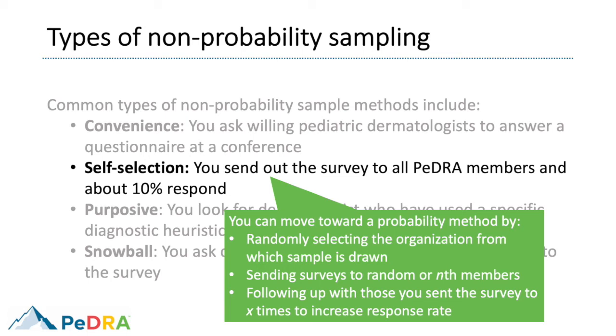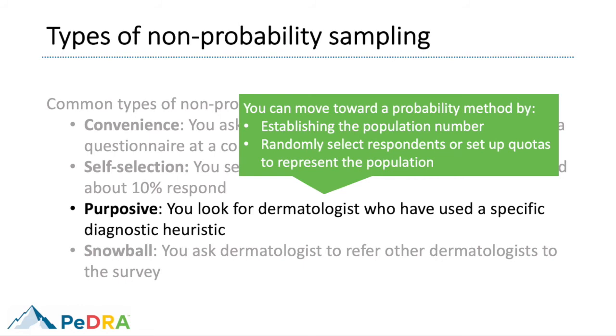Finally, you want to follow up with those you sent surveys to a certain number of times to increase response rate, and this should be detailed in your sampling plan. If you are looking for very specific respondents, you should first establish, if you can, how big that population of those very specific respondents is.